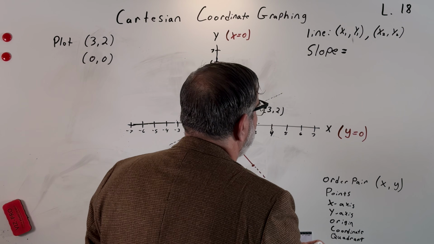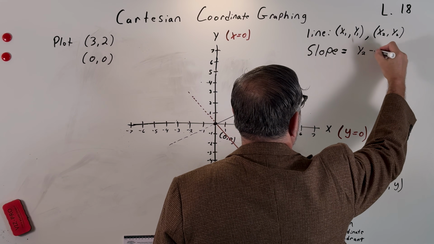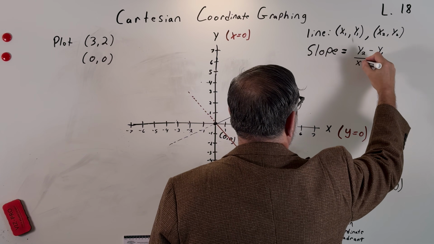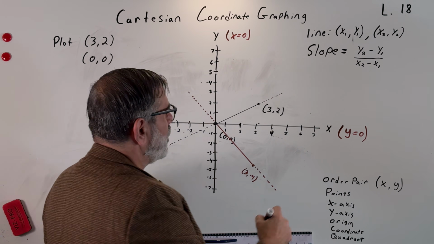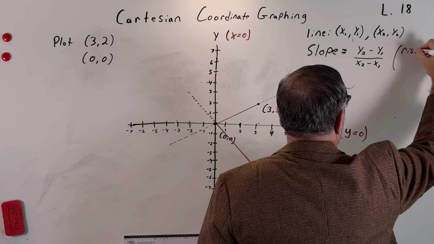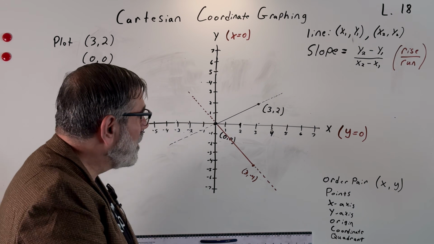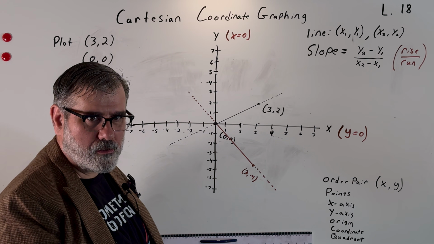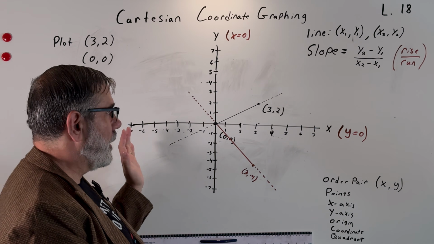So the slope of the line is defined as the ratio of y2 minus y1 divided by x2 minus x1. Some people will call it rise over run. So the rise is how much I go up or how much I go down. Yes. The run is how far over I go to the right or to the left.